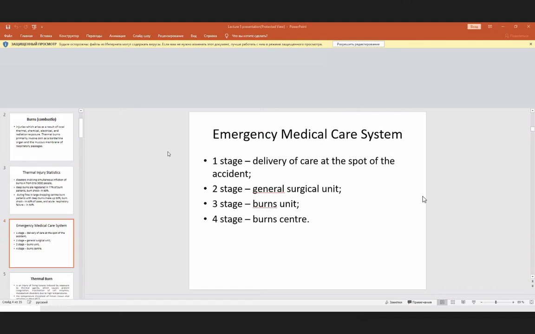Therefore, the depth of a thermal burn depends on temperature, rate of exposure, physical properties of the damaging agent, as well as the thickness of skin in different parts of the body.